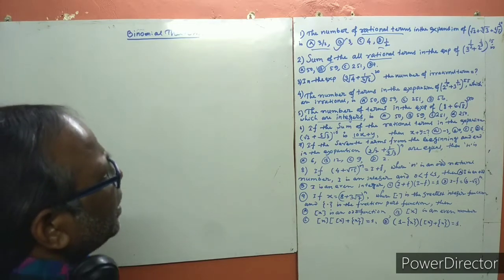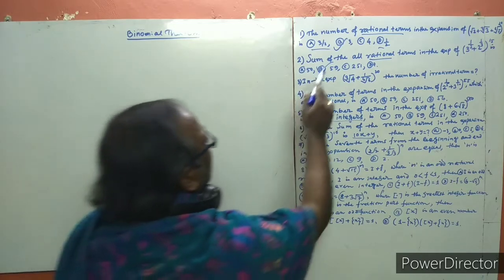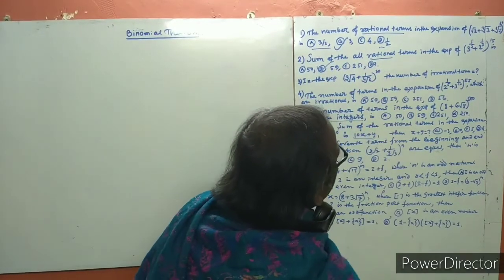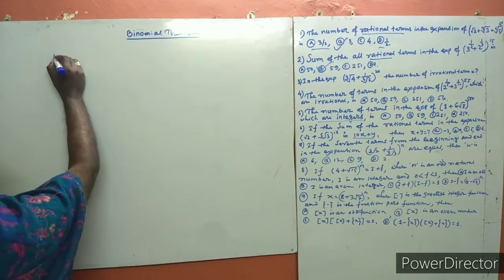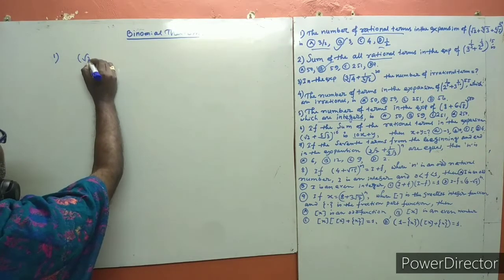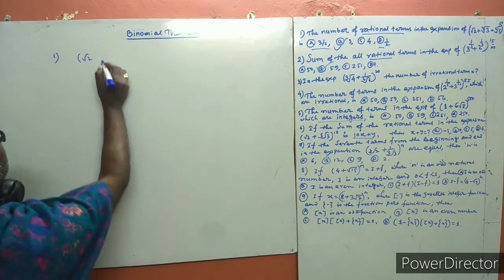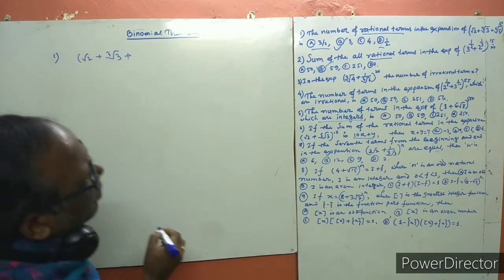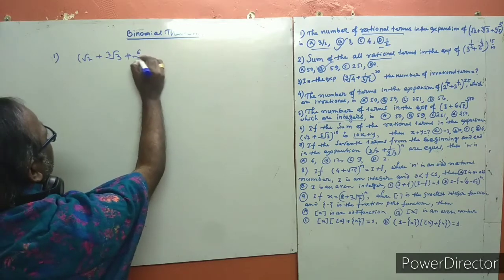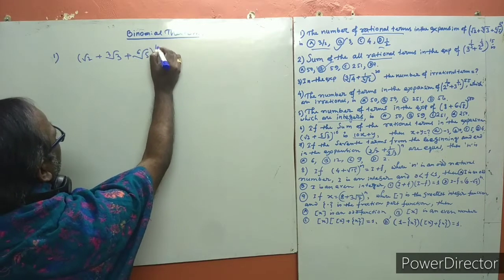Okay, so the number of rational terms in the expansion of this, question number 1, (root 2 plus cube root of 3 plus sixth root of 5) whole to the power 10.